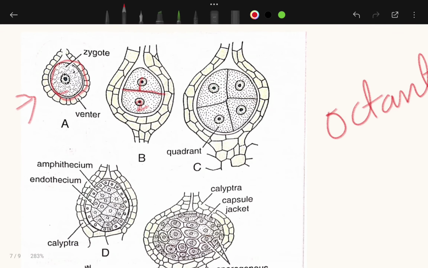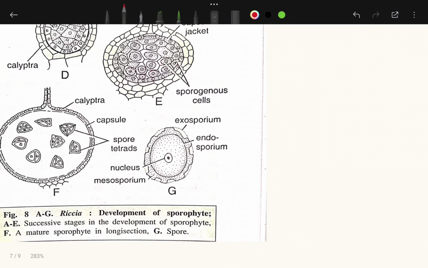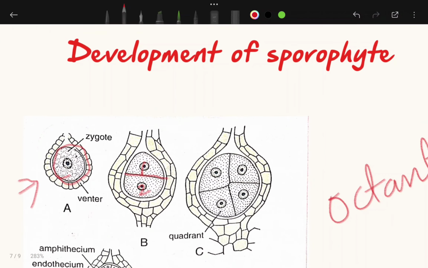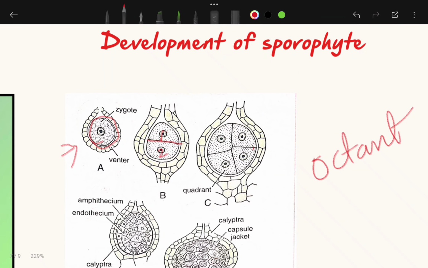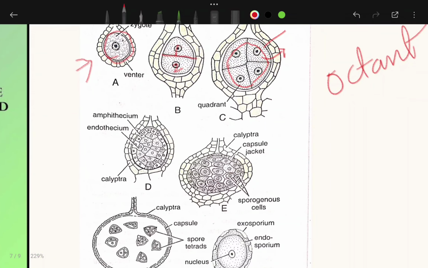Periclinal division will occur in this manner, and this will give rise to 2 layers of cells, one outer cell and the other inner cell. The outer cell is known as the epithecium, the one that you can see here, and the inner mass of cells is known as the endothecium.